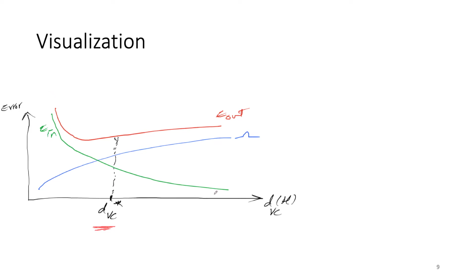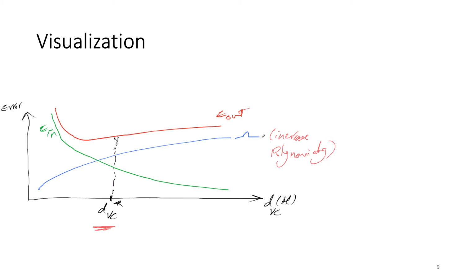The red line is the out of sample error, the green line is in sample, and this is omega, the complexity, which you see increases polynomially.